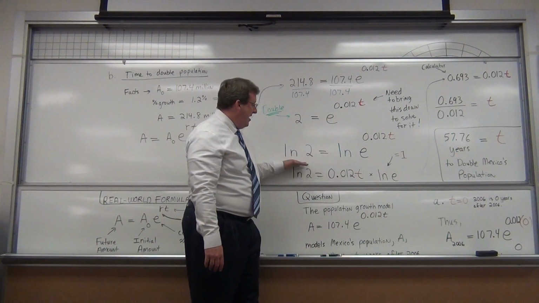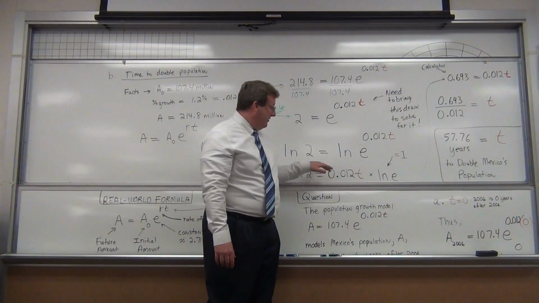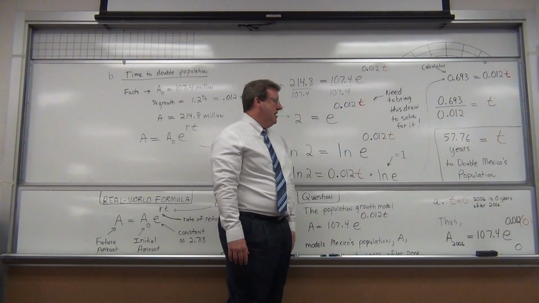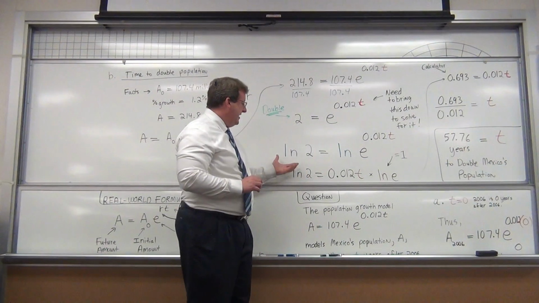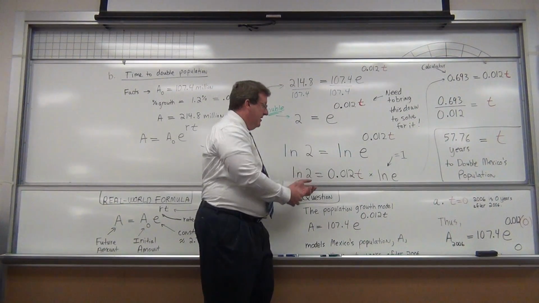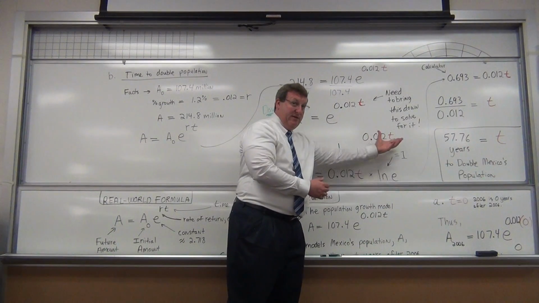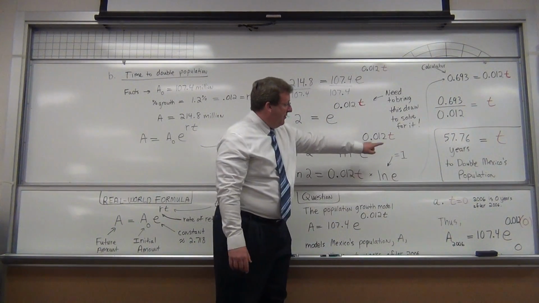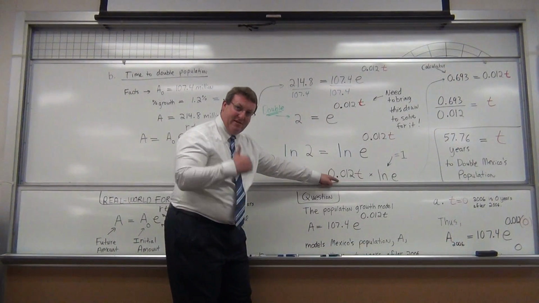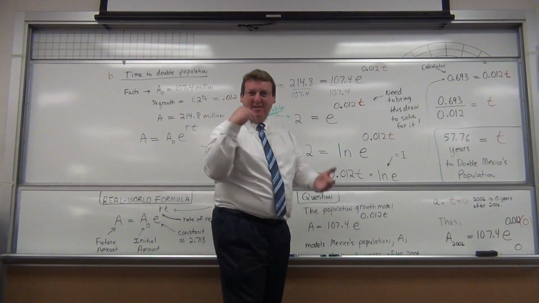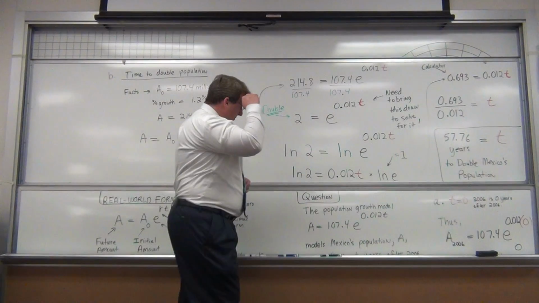Now that there's a natural log being applied, careful, this is not multiplication. This means take the natural log of input 2. This means take the natural log of input e raised to this power. Well, per the power property, what can I do to this exponent now? Bring it down in front. Now the t is at our level, and we can take it out.